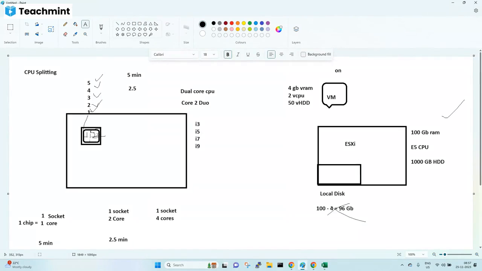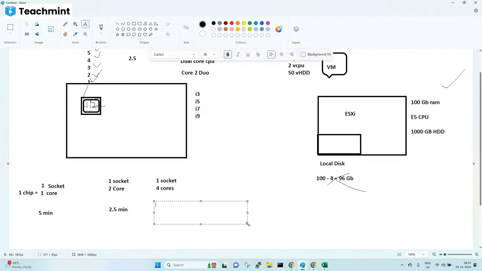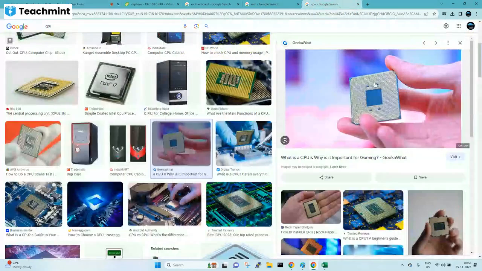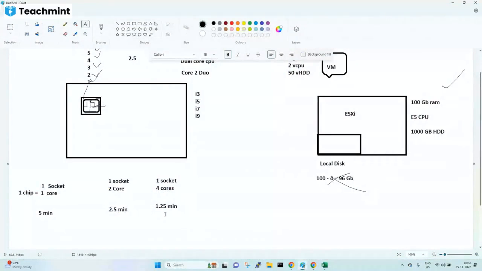Just 1.25 minutes, and this work will be completed. Clear? But it's the same single chip only. It will be a single chip like this, but the same work will be completed within a minute. Understood? It's 4 cores, and there are processors with 8 cores.